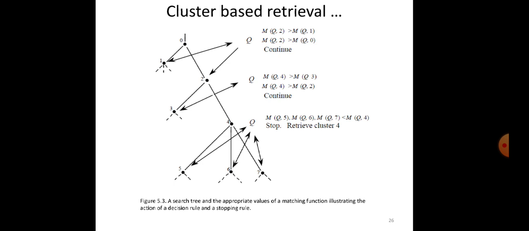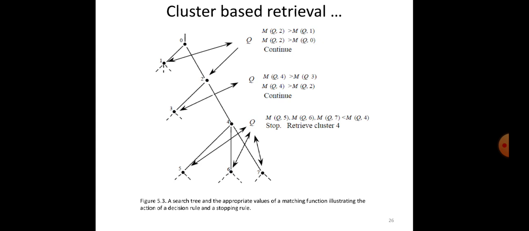If those values are less than MQ4, that is, the current maximum is less than the previous maximum, then we stop our search and retrieve cluster 4, because cluster 4's matching function has the maximum value. If a matching function has the maximum value, that means it is more related to the query. Then we retrieve cluster 4. This is the searching function happening inside a hierarchical clustering scenario.